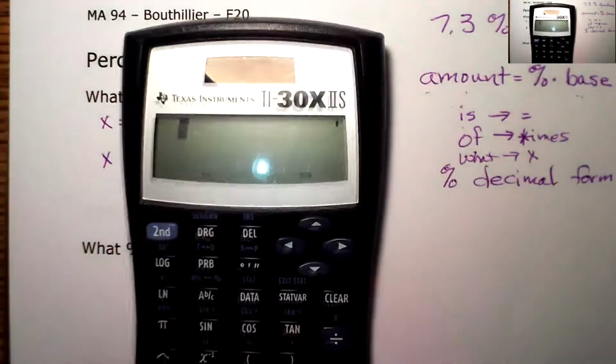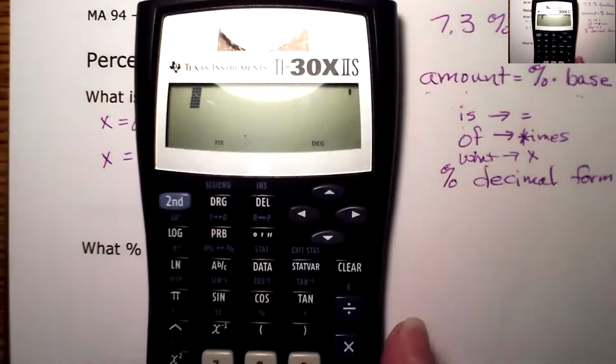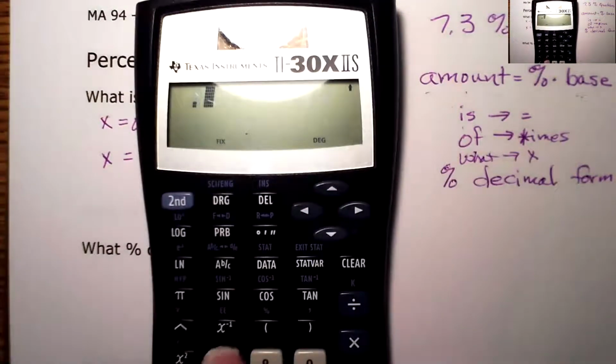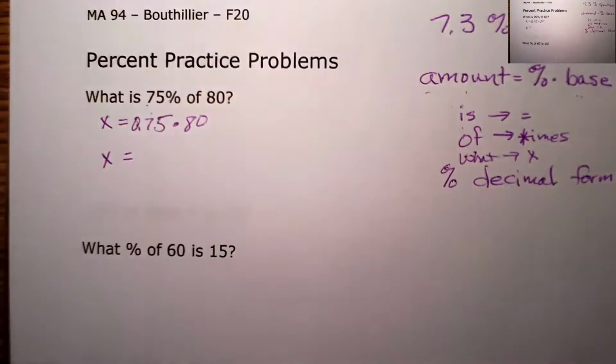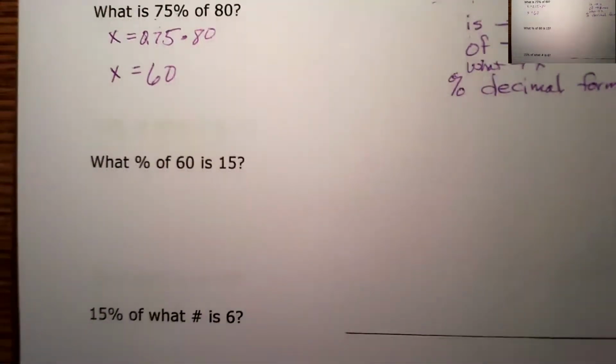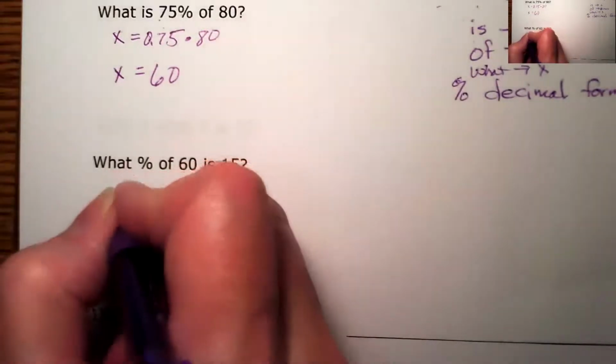You're allowed to use a calculator. It'll take a lot longer if you do it by hand, doing long multiplication, but you could. 0.75 times 80 equals 60. So X is 60.